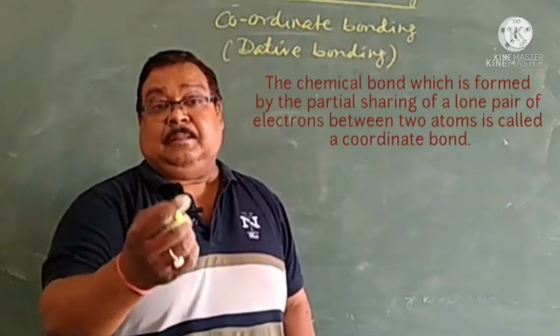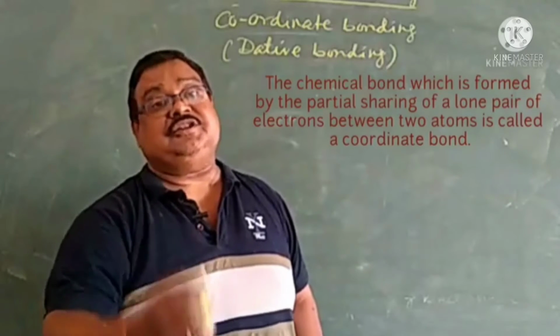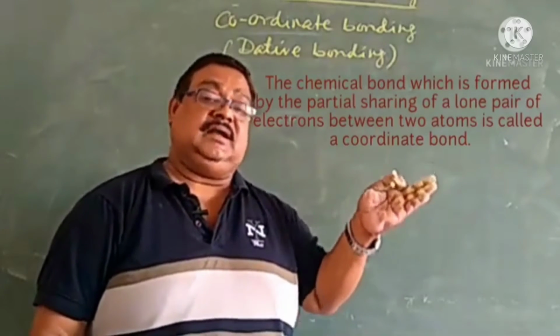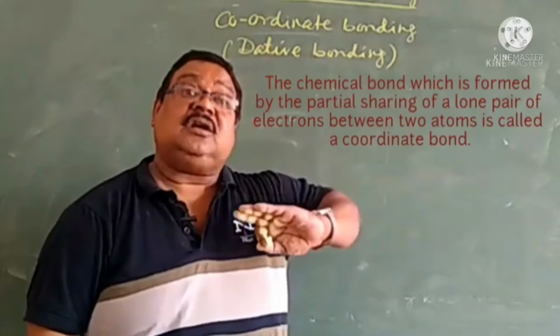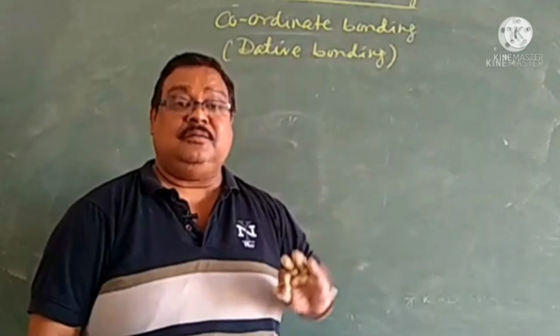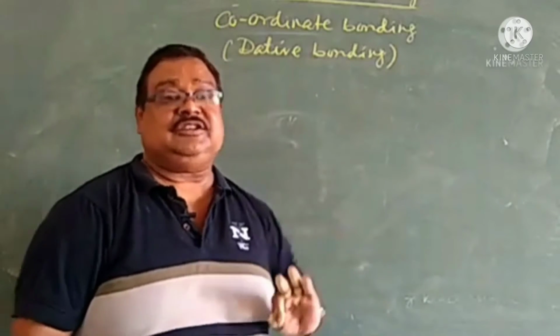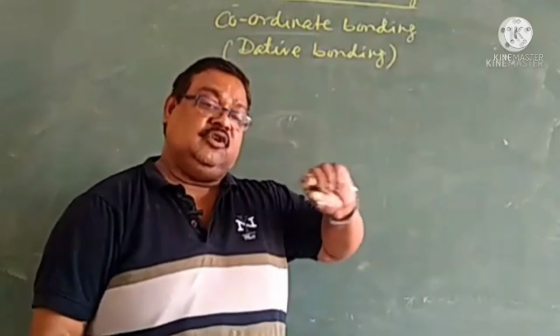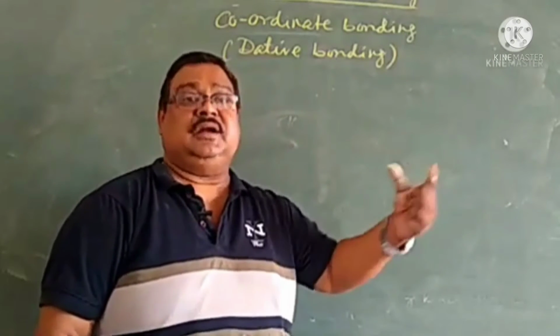So here partial sharing and partial donation will occur. It is not complete donation like your ionic bonding. It is not a complete or mutual sharing like your covalent bonding, rather partial sharing and partial donation. That means here both the electrons belong to one atom, but are shared by both the atoms.